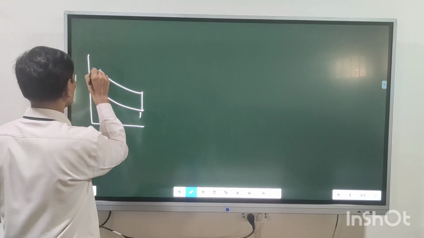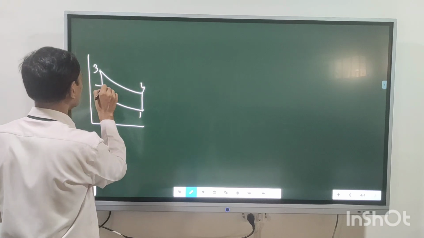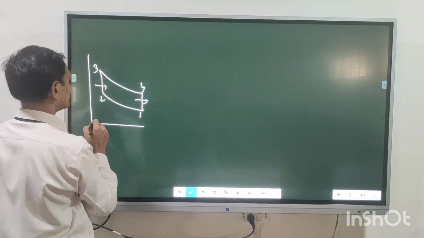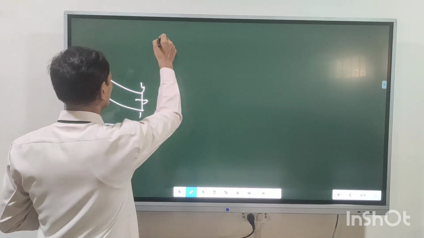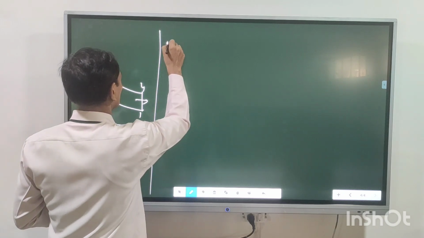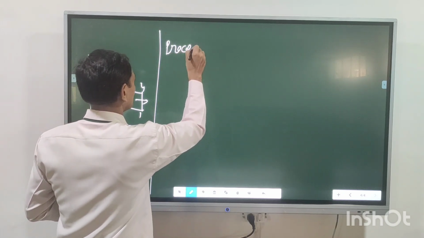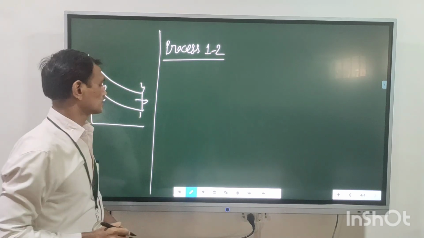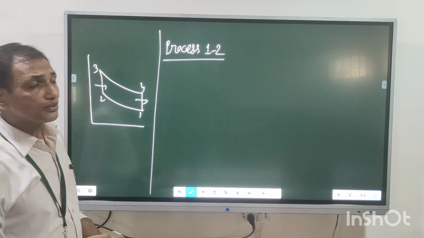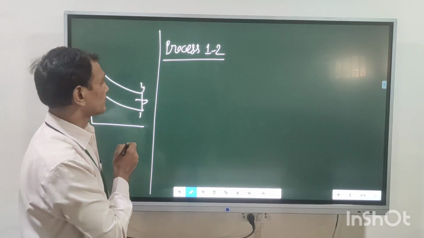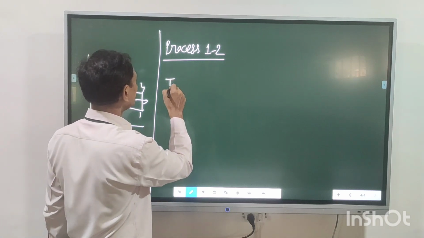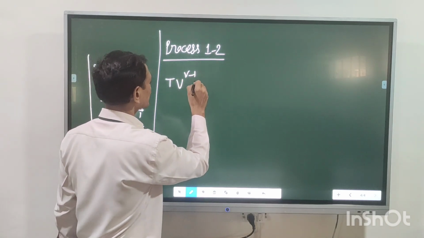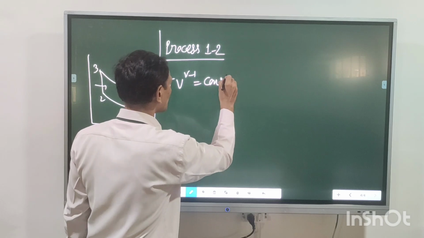Now I have drawn a small diagram to help with the derivation of this equation. 1, 2, 3, 4. Heat is added, and heat is rejected. Now in process 1 to 2, this is the isentropic process. So TV^(gamma minus 1) is equal to constant.